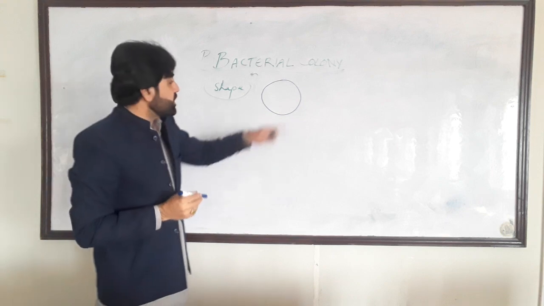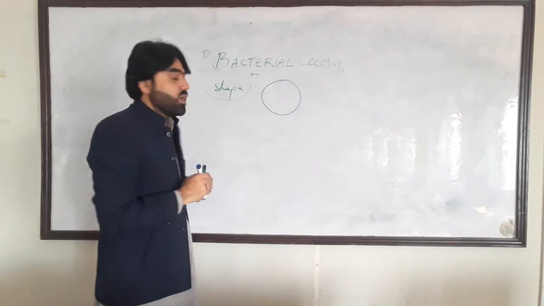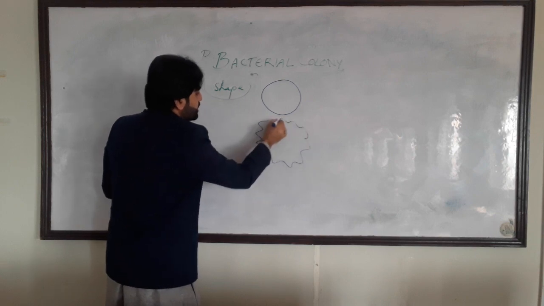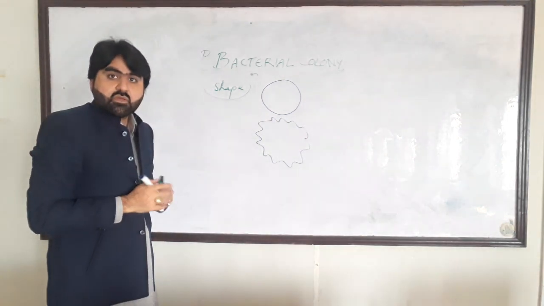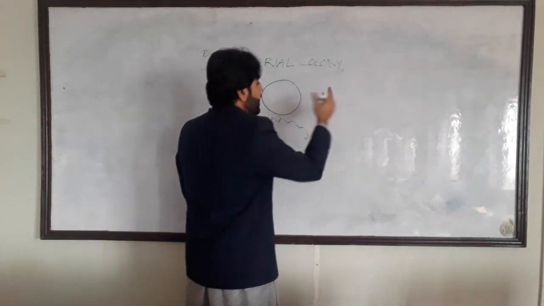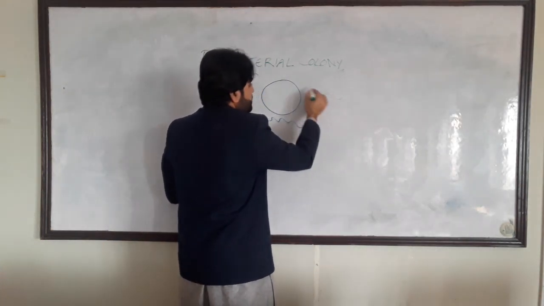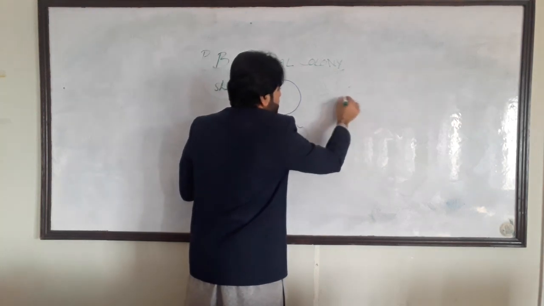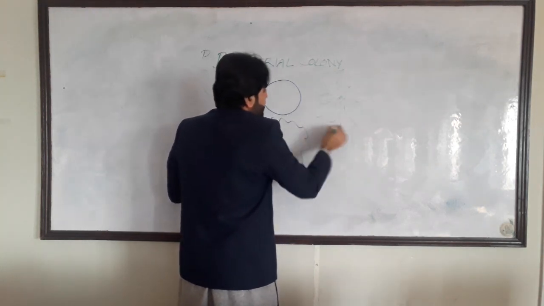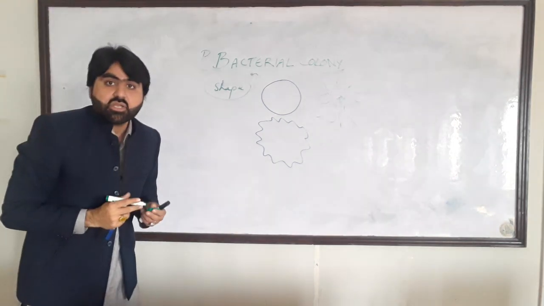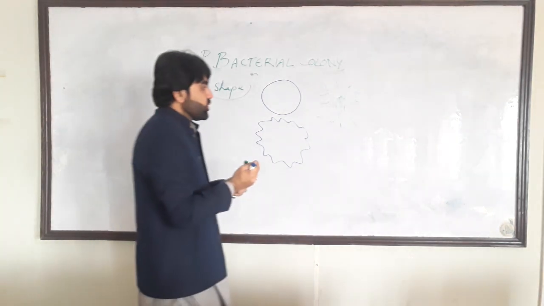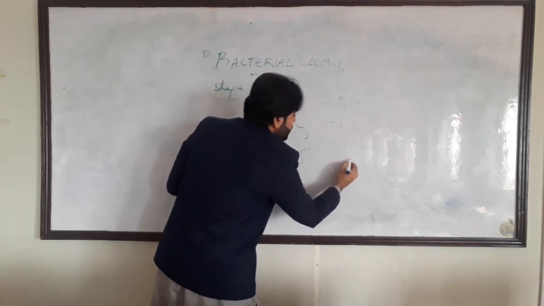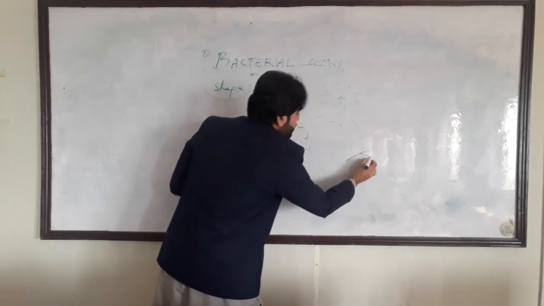The bacterial colony could be circular or round in shape, or it could be irregular, or it could be filamentous, like this filamentous colony, or irregular filamentous, or it could be rhizoid, root-like colonies.